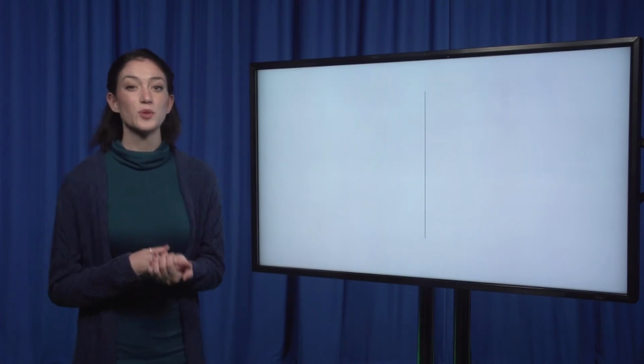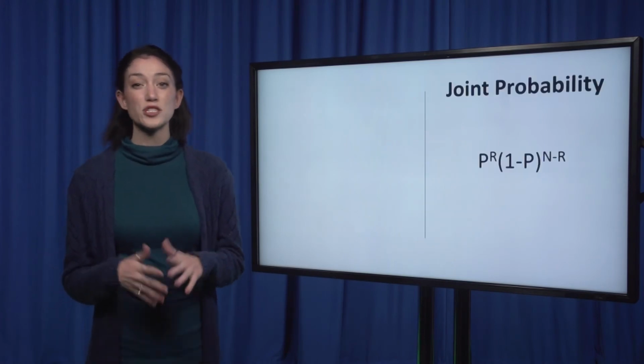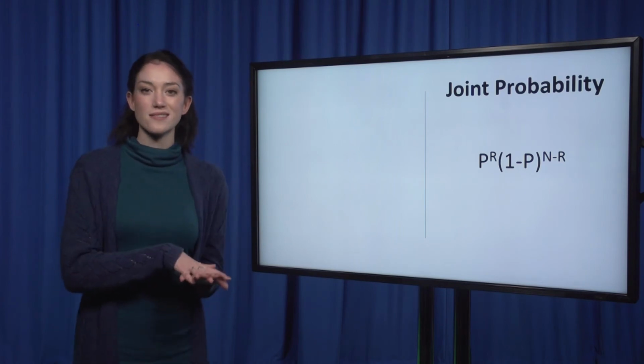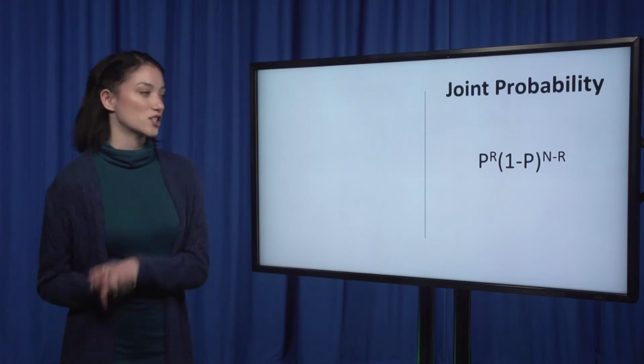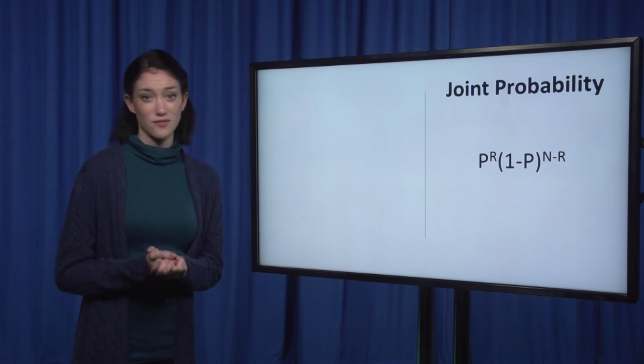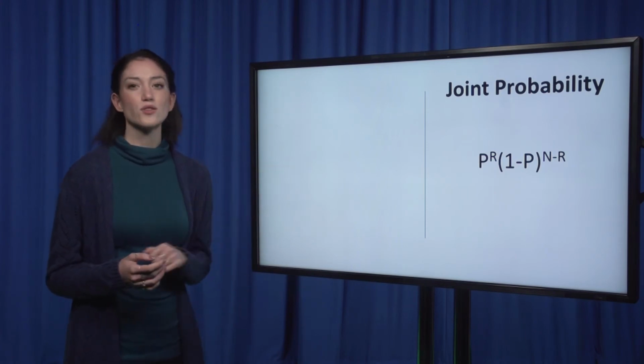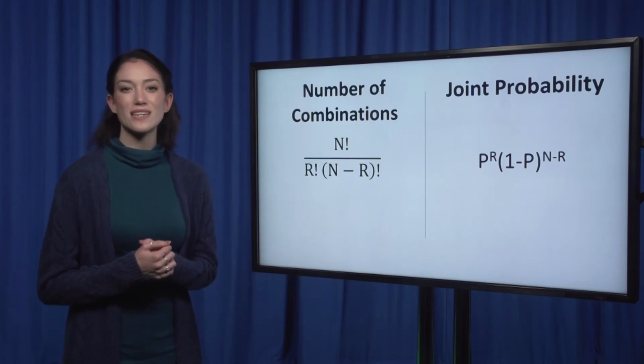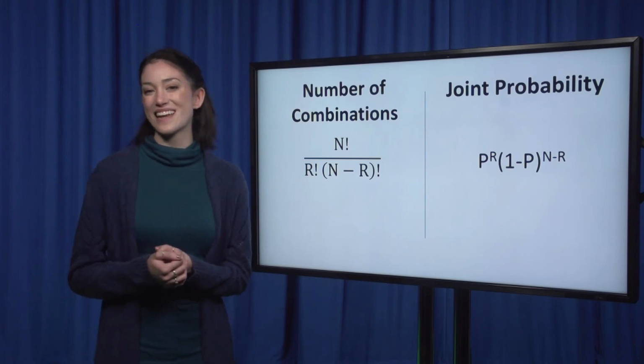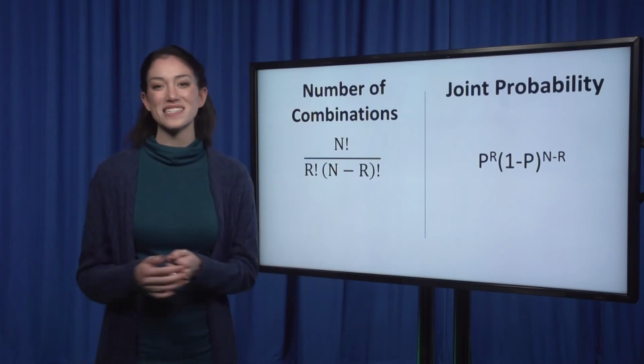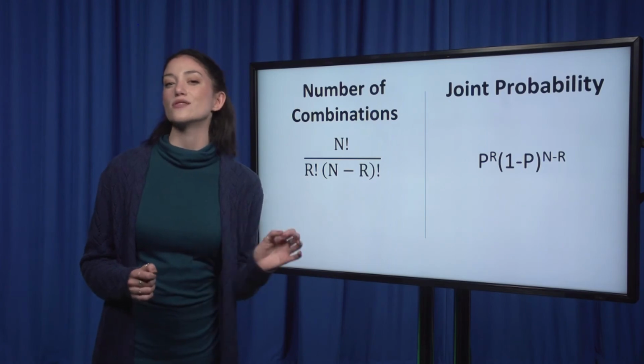Now you see how to compute the joint probability of a particular sequence that has r successes in n trials, such as failure, failure, success, failure, success, and how to compute the number of combinations in which a sequence has r successes in n trials, such as 10 ways to get 2 successes out of 5 trials.